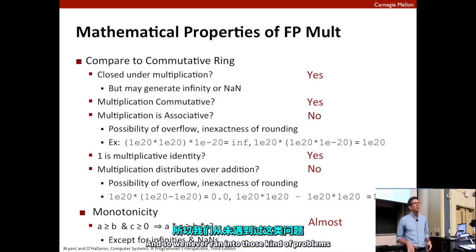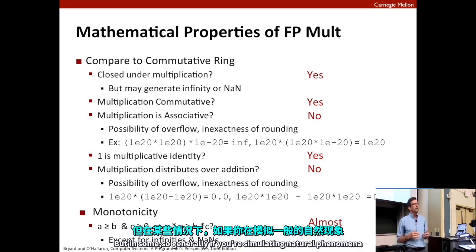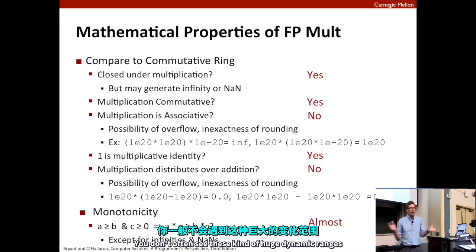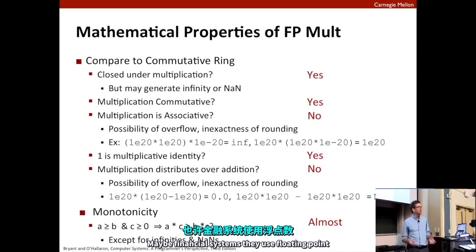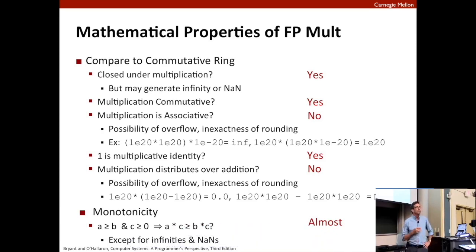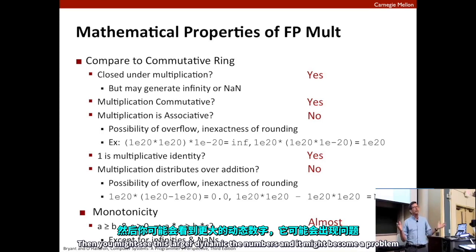If you're simulating natural phenomena, you don't often see these kinds of huge dynamic ranges. But other times, maybe financial systems that use floating point, then you might see these larger dynamic ranges of numbers, and it might become a problem.